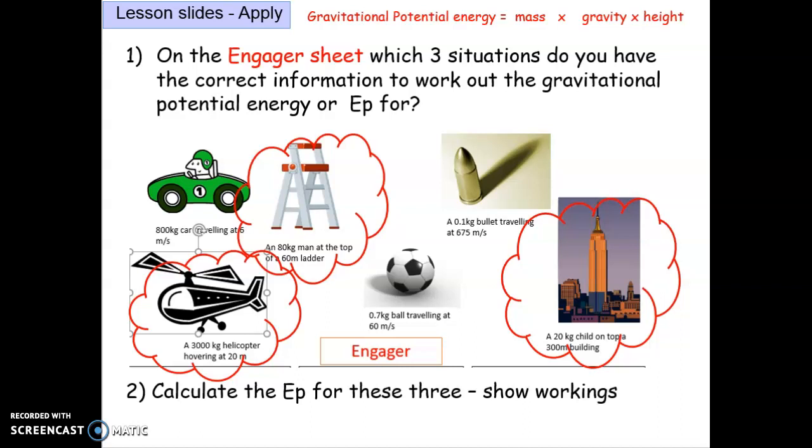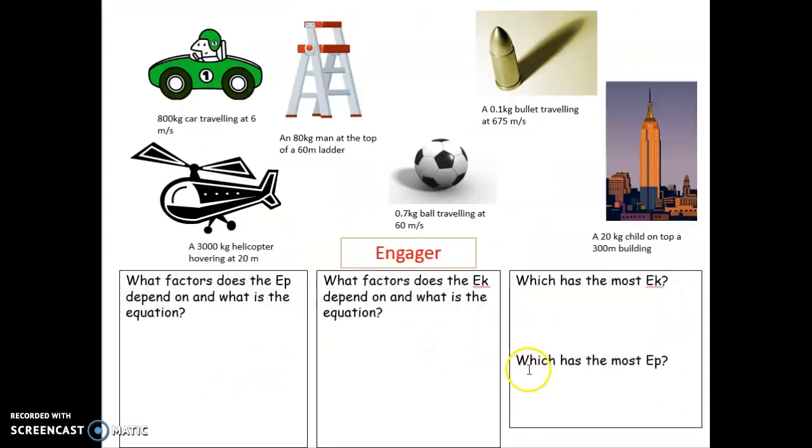So we're looking at which has the most gravitational potential energy. We're calculating that for the helicopter, for the man on the ladder, and the 20 kilogram child. For our helicopter, we've got 3,000 kilograms times 10 times 20. That gives us 600,000 joules.